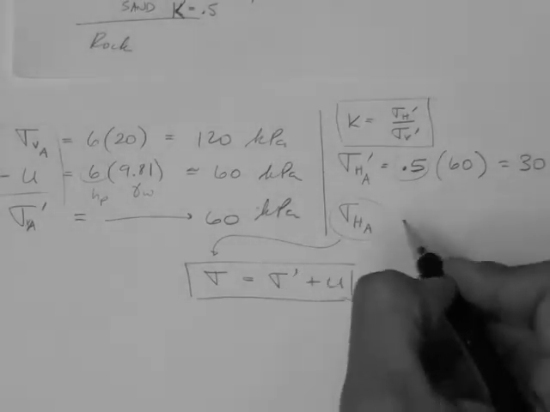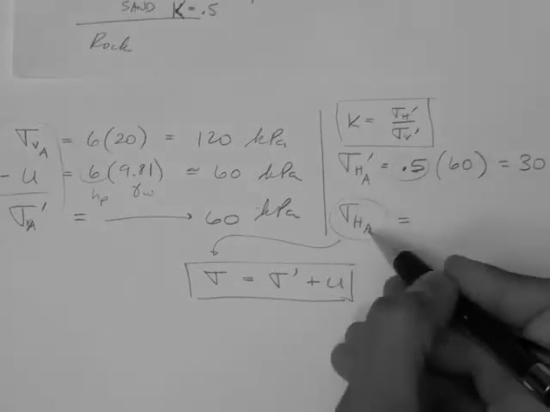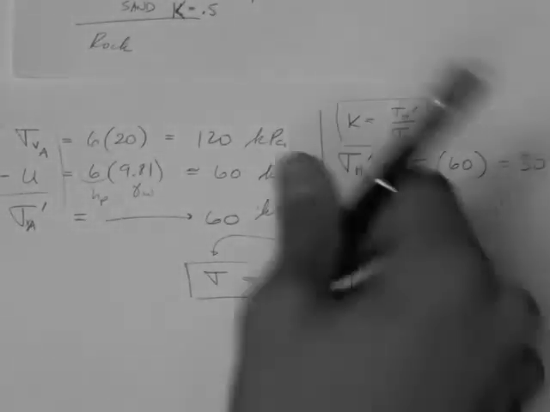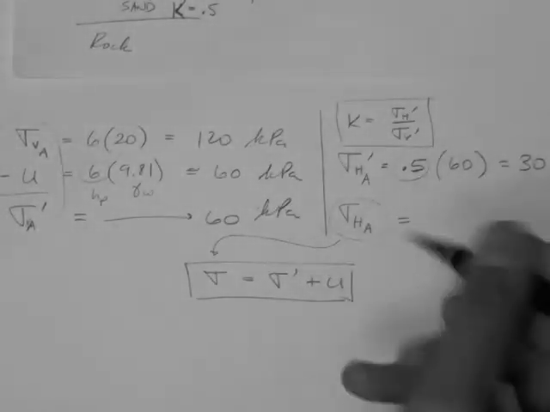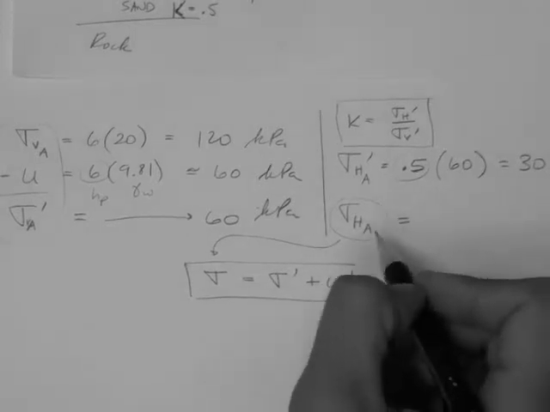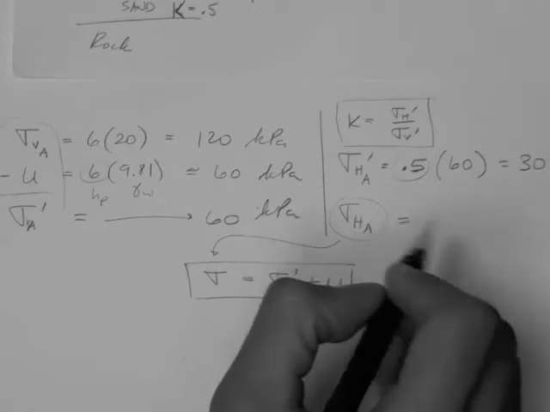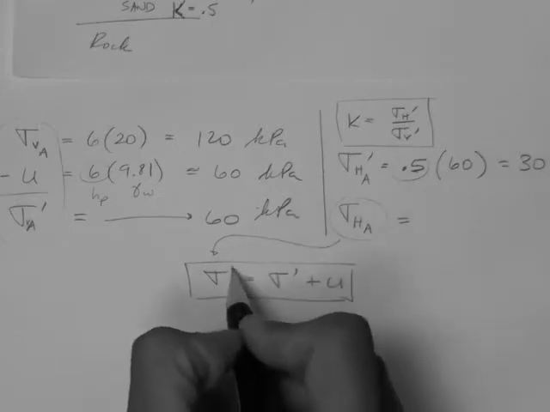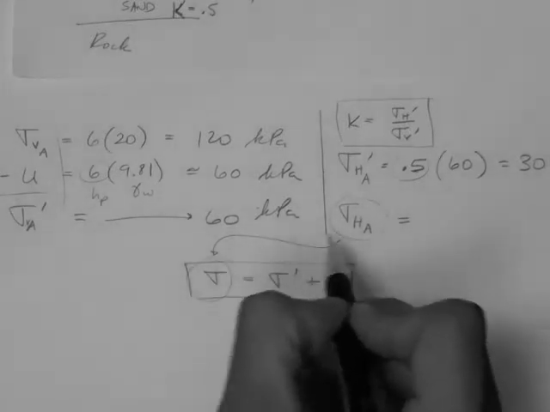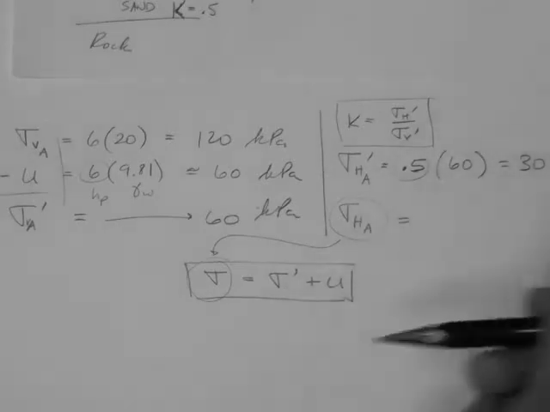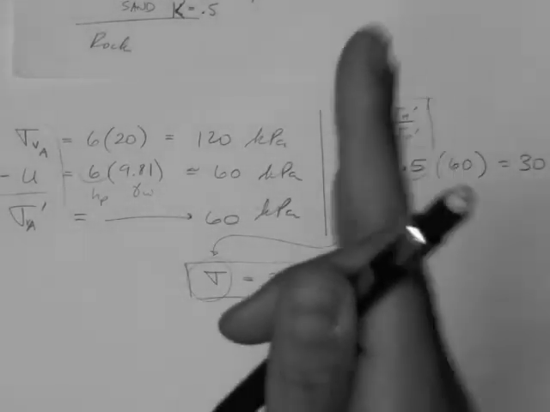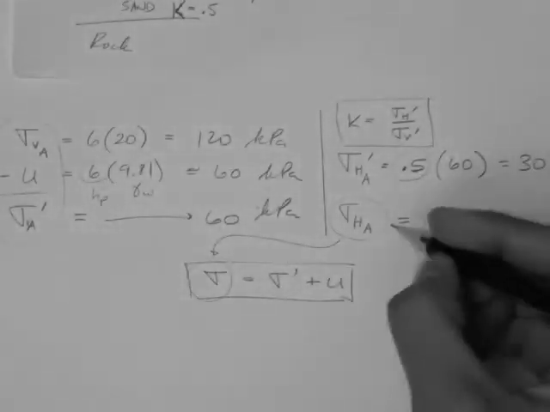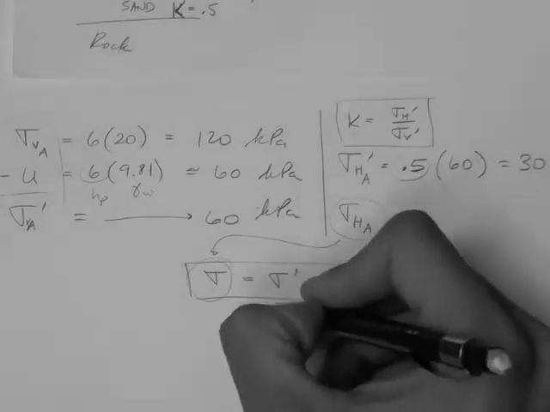So here, what we do is the following. We say, look, on the vertical plane at point A, there's a sigma H, this one right here. That acts at the point. That's a total stress, the total horizontal stress that acts at the point on the vertical plane. So the plane is all this.